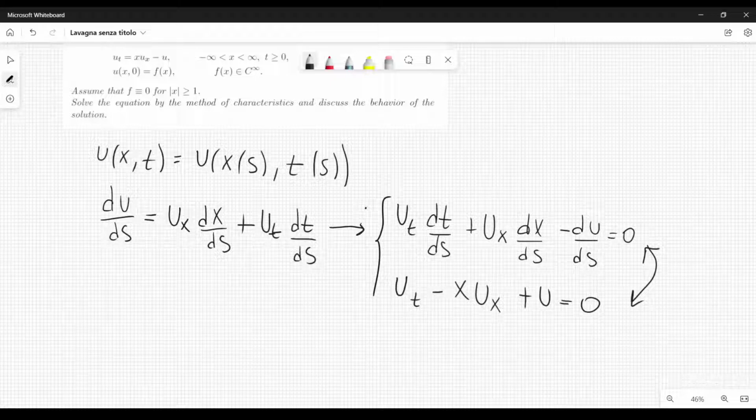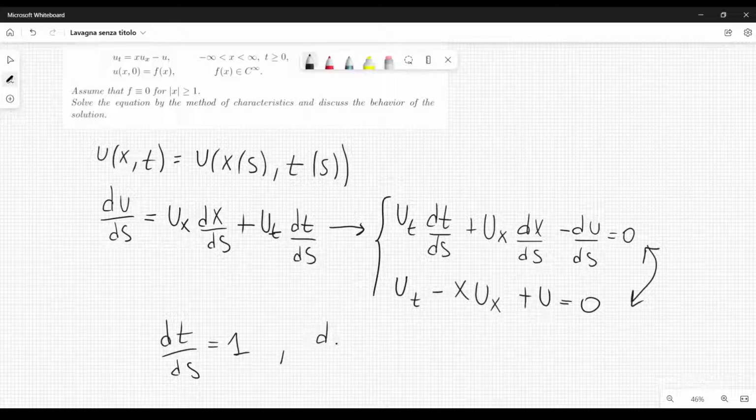If we compare these two equations, we can see that if we set dt over ds equal to 1, we get exactly u_t, which multiplies 1, because here we have 1 times u_t. Something similar for this factor here.